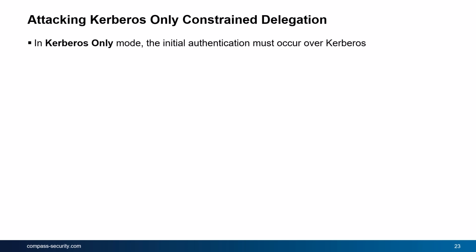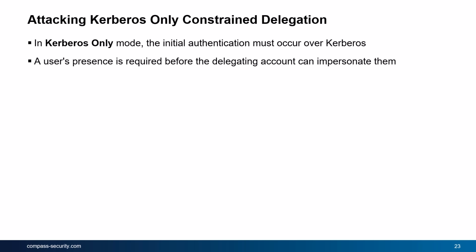If we as an attacker want to abuse Kerberos only constrained delegation, there are certain things to keep in mind. What we already have learned is that in Kerberos only mode, the authentication from the users, or the incoming authentication to the delegation server, must occur over Kerberos. So this essentially equates to a user's presence being required for the delegation to be performed.